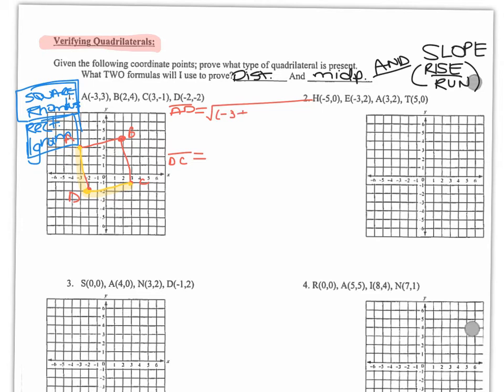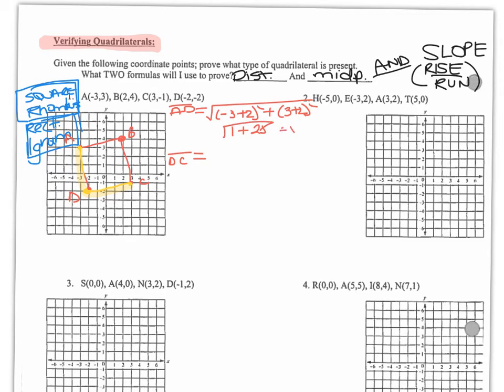The square root of x1 minus x2 squared plus y1 minus y2 squared. So now I have negative 3 plus 2 is negative 1, squared is 1, plus 3 plus 2 is 5, 5 squared is 25.